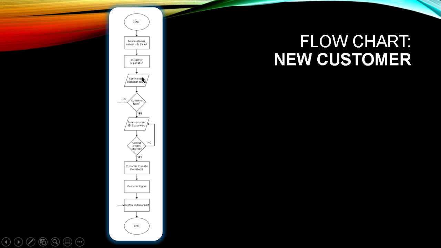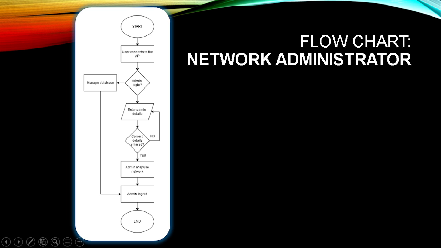After the registration is completed, they can proceed to log in, and so on: check the ID and password, then may use the network, log out, disconnect, and end the flow.